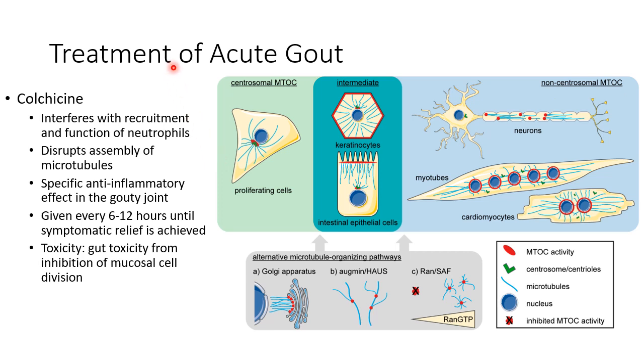So we have here the treatment of acute gout. And first, we have colchicine. Colchicine interferes with the function of neutrophils by disrupting the activity of microtubules. So you have here in the image on the right the normal functions of microtubules in the body.